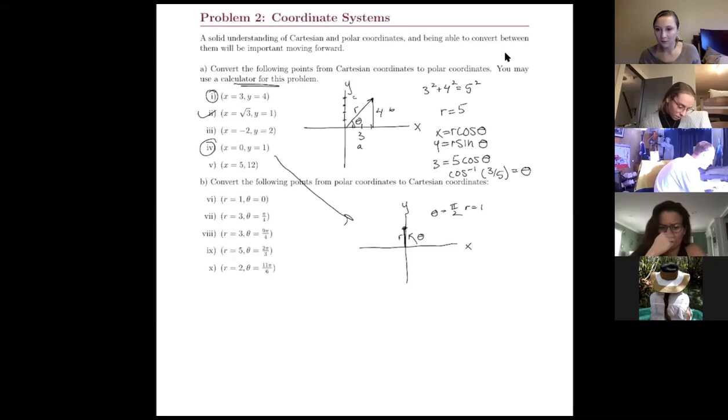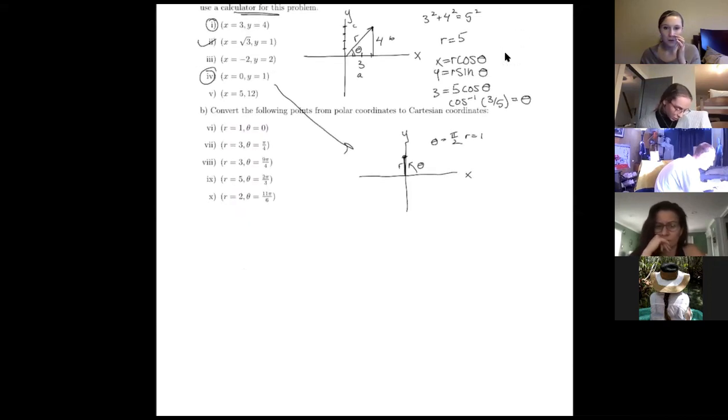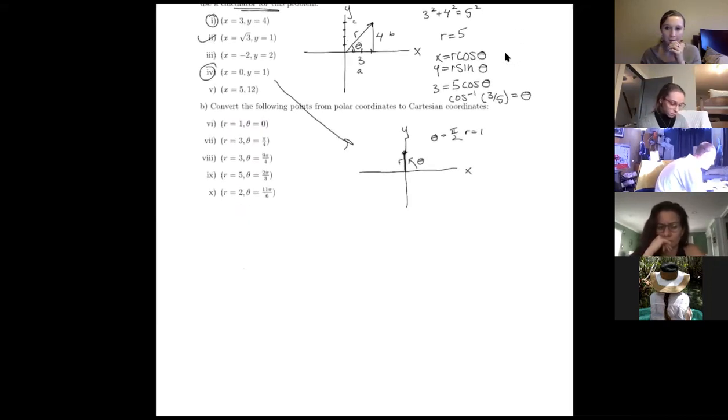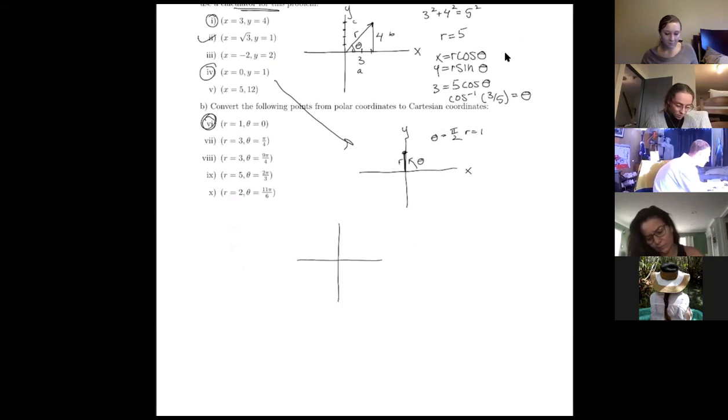Okay. So now I'm going to go the opposite direction and do one of these. This is actually interesting. If we look at the first one, it's sort of the opposite of the one we just did. So let's draw this out as well. So r is 1, so the distance from the origin is 1, and theta is 0.